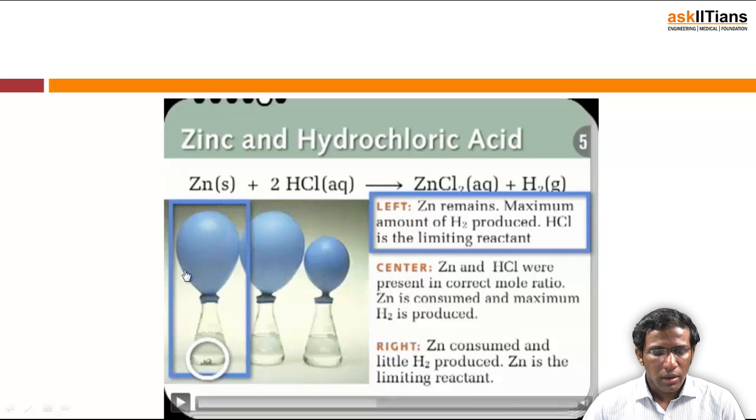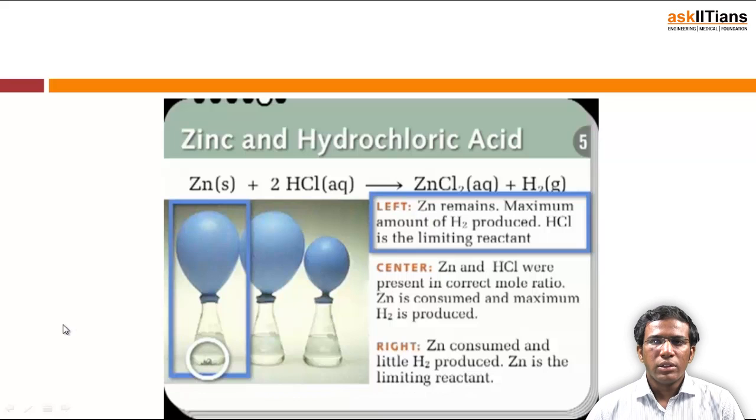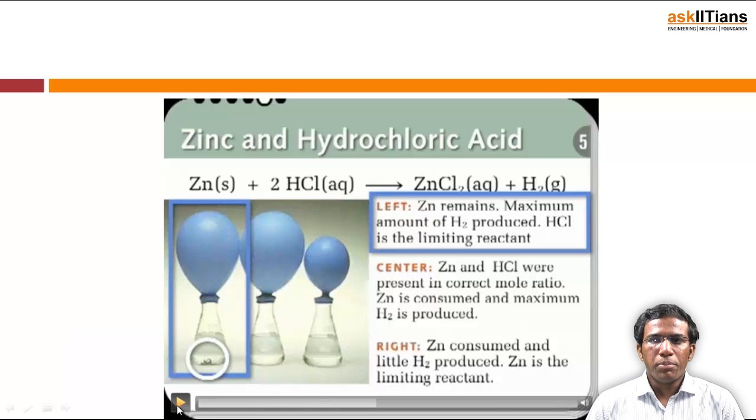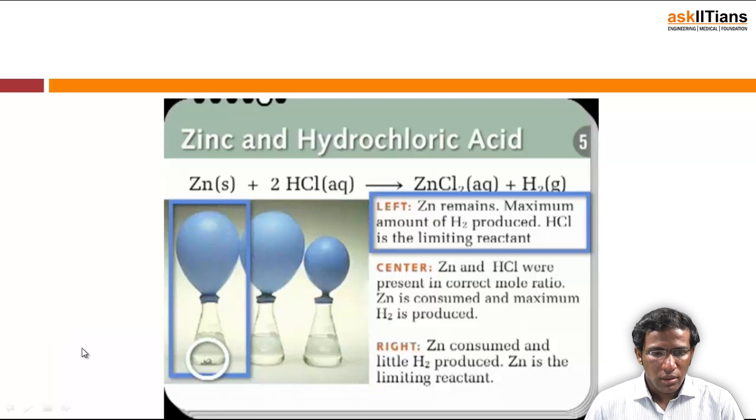So this is the important observation that you have to make, that some amount of the zinc is still left out. That means zinc is taken in excess amount. Zinc is the excess reagent. If zinc is the excess reagent, then obviously HCl is going to be the limiting reagent. This is the important observation that we made in the leftmost part.